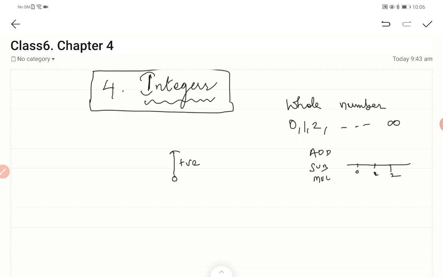If the temperature goes below 0 degrees, where it gets very chill, like in a freezer, the temperature is below 0 degrees, which you represent in terms of negative numbers.